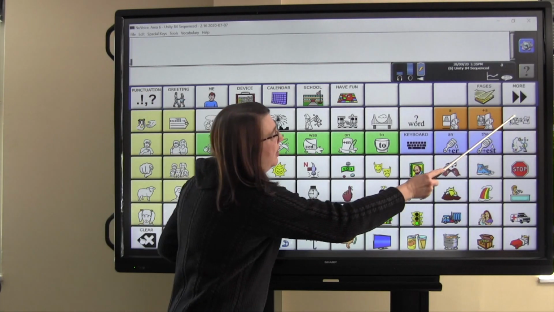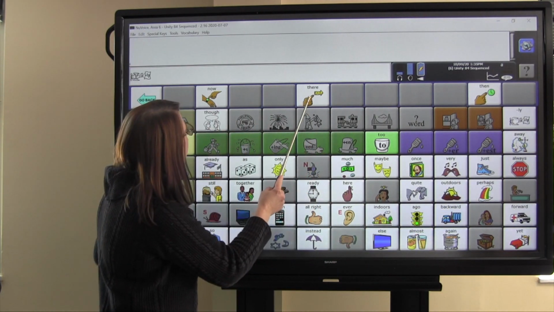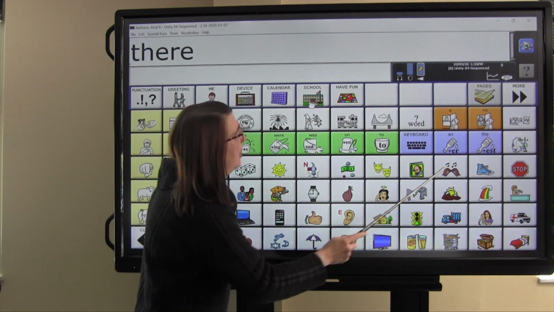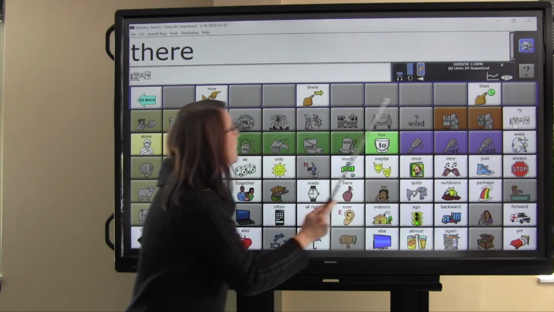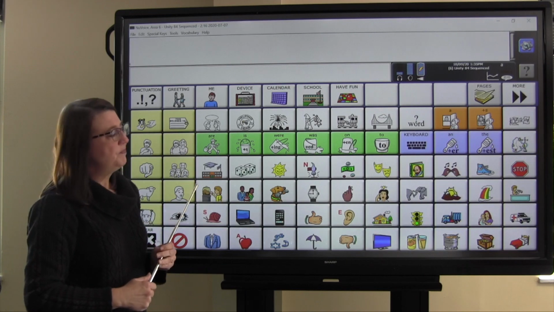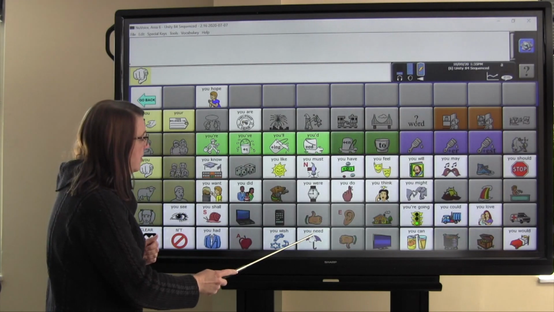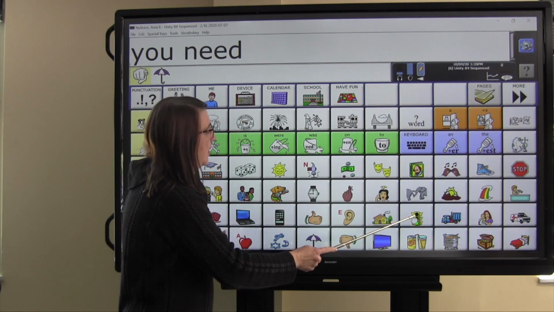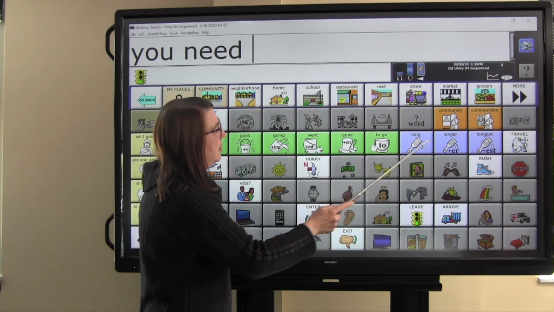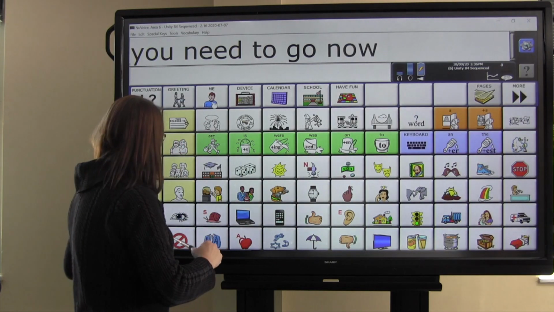We have the word there up here in the activity row. Other ones in the activity row are words like now, right? Now. Let's say you need to go now. You need to go now.